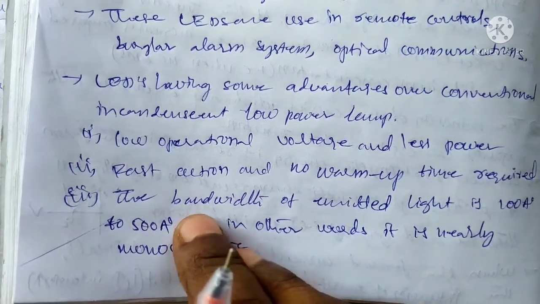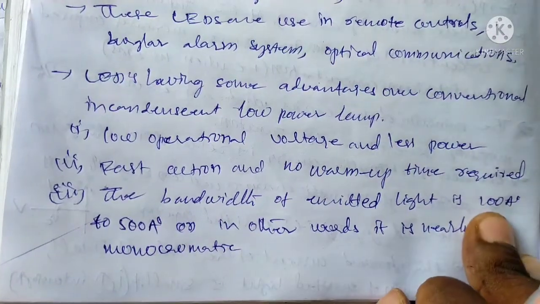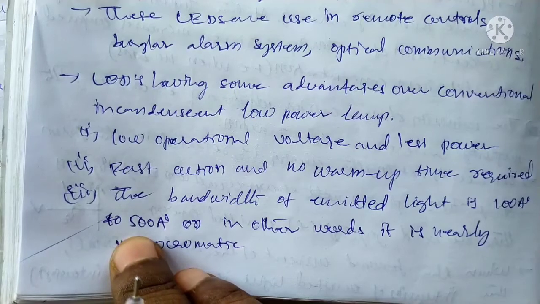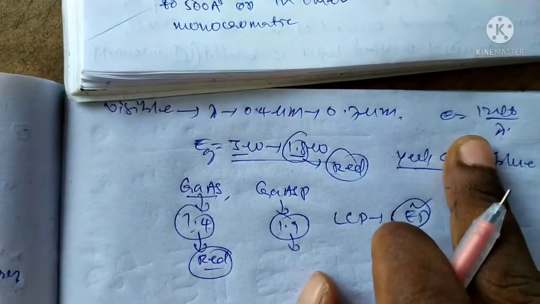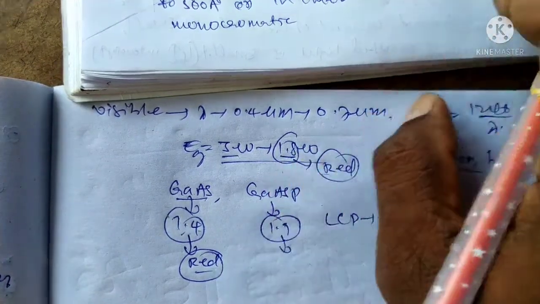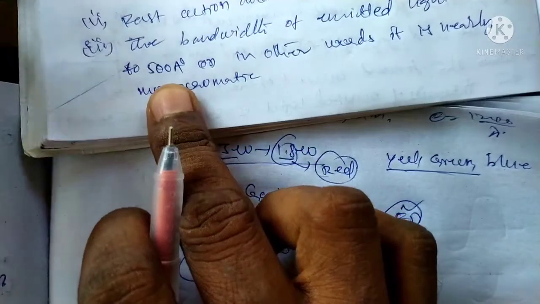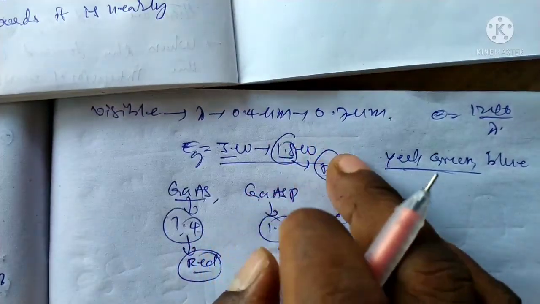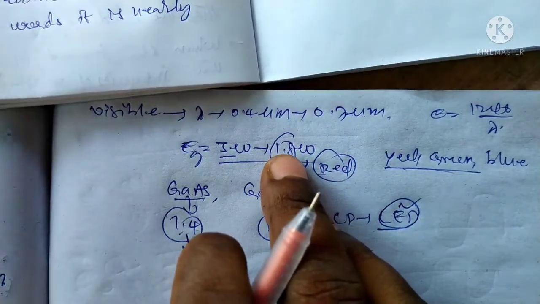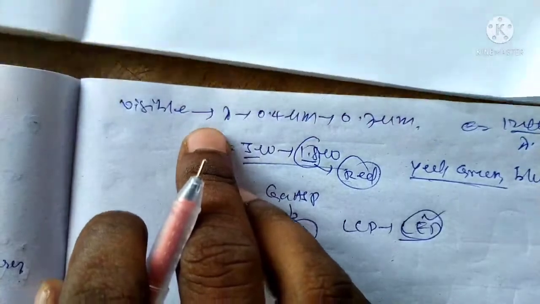The bandwidth emitted is around 100 angstrom to 500 angstrom. It depends upon the energy of the wavelength. Using the band gap, different wavelengths have different energies. It is nearly monochromatic. Monochromatic means a single wavelength.